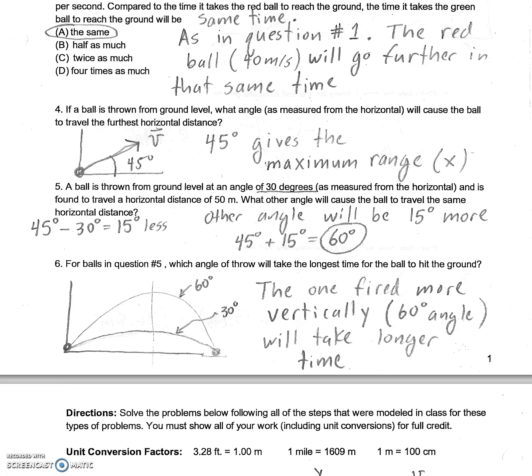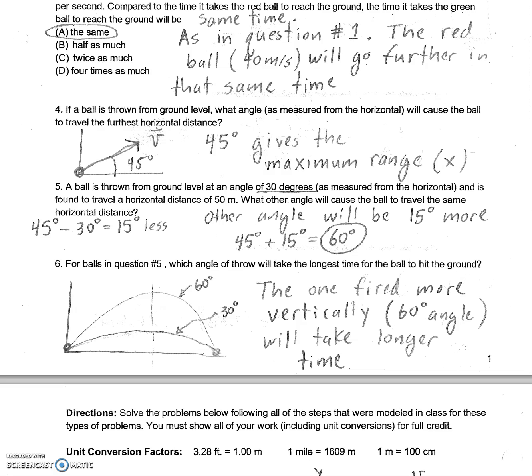We know complementary angles are angles that add up to 90 degrees. So when we talk about 30 degrees, its complementary angle is going to be 60 degrees because 30 plus 60 equals 90. So 30 degrees and 60 degrees will give us the same horizontal distance, which happens to be 50 meters.